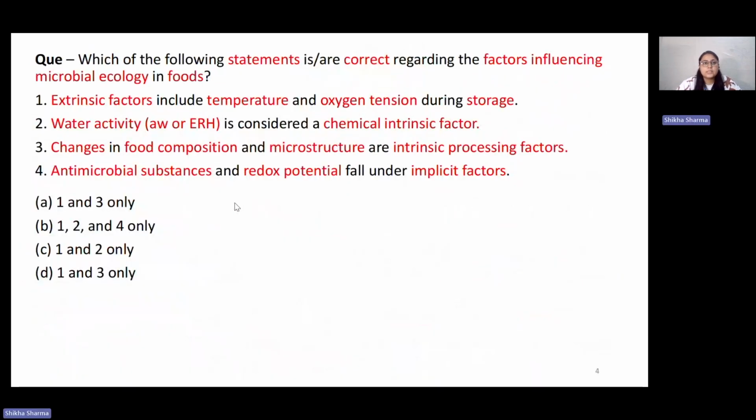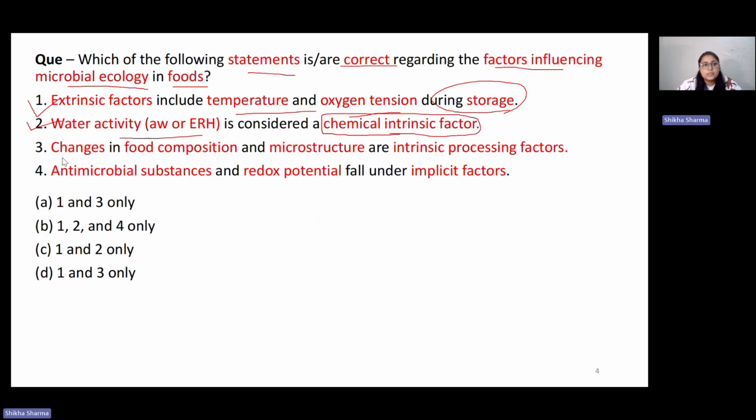Okay, so let's discuss our first question. Which of the following statements are correct regarding the factors influencing microbial ecology in foods? We need to tell which statement is correct. One: extrinsic factors, which include the temperature and the oxygen tension during storage. Second: water activity, or the ERH, which is equilibrium relative humidity, is considered a chemical intrinsic factor.